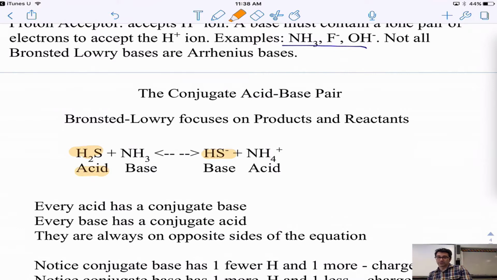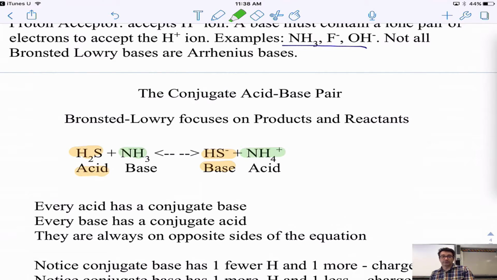If we go in reverse, the HS- accepts an H and acts as a base. If I highlight the other two species, the ammonia and the ammonium, in green, we see that the NH3 accepts an H and becomes NH4+, so it acts as a base. NH4+ donates an H and goes back to NH3, so it acts as an acid.